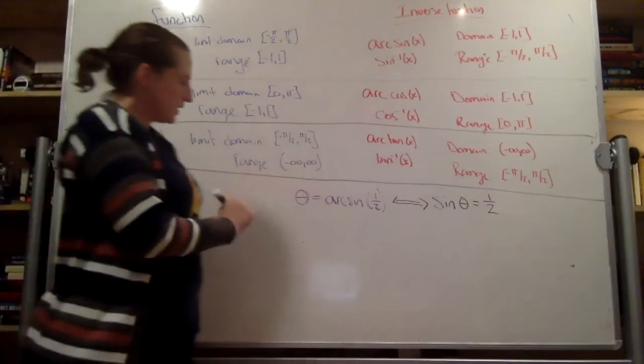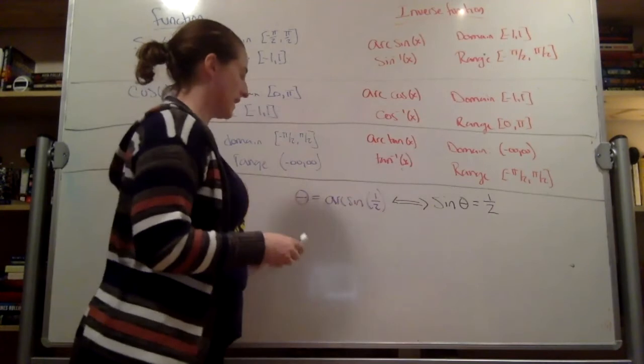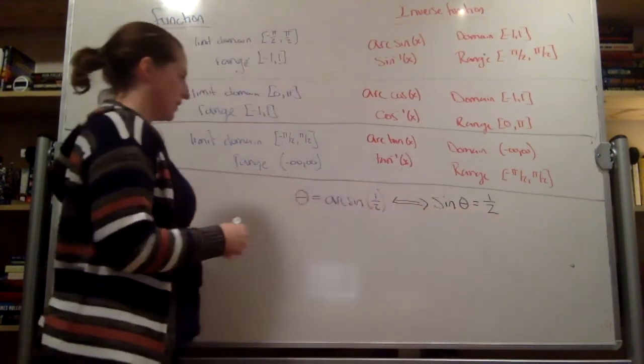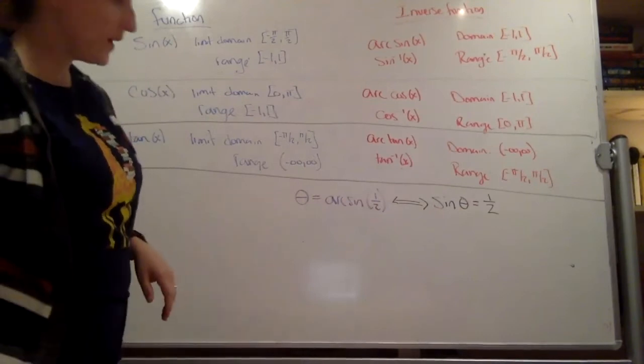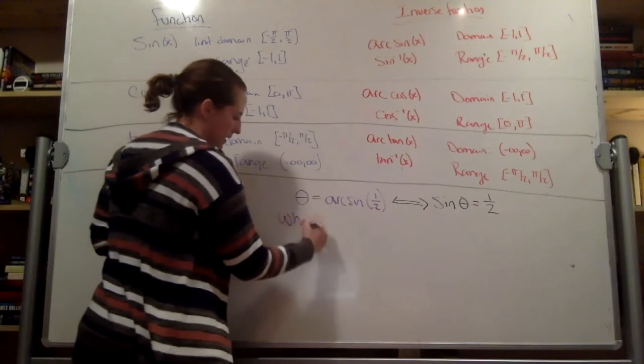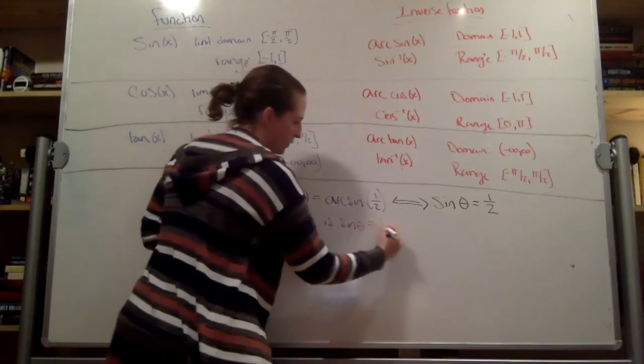So this equation, theta equals arcsine of 1/2, is really asking: sine of theta equals 1/2 for what theta? Or another way to reframe this question is to say, when is sine of theta equal to 1/2?